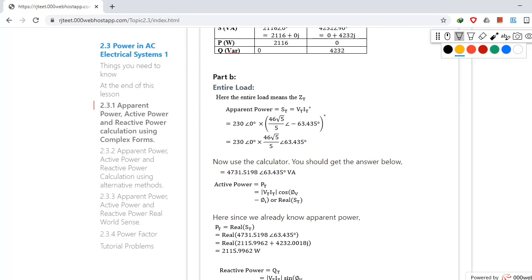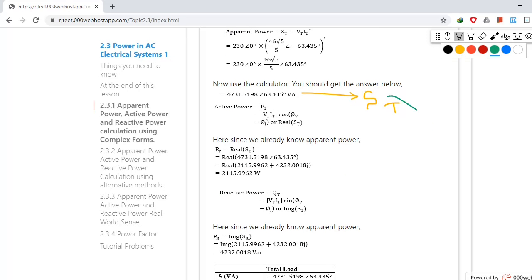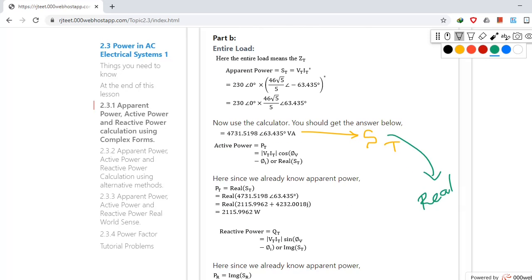Now we already know the apparent power for the total load. To calculate active power, all you have to do is take out the real part of this. You know few methods to take out the real part. Maybe you can enter this value to the calculator and look for the Cartesian form. That's what I would usually do, or else you can take the magnitude and take the cosine of the angle, and there is another method.